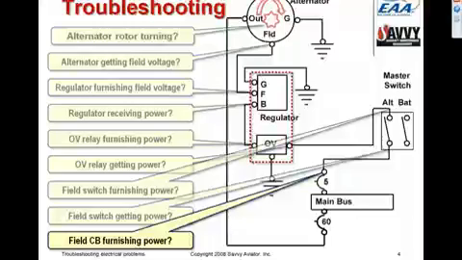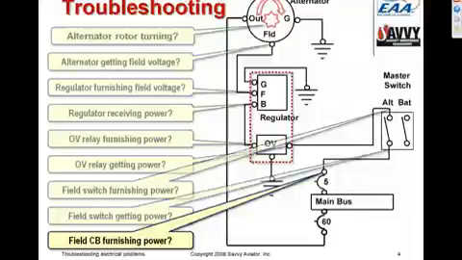And as I said, maybe not more often than not, but at least a lot of the time, the problem turns out not to be the alternator or the regulator, but simply a broken wire or a bad connector someplace. If the problem is intermittent, we frequently find problems with the alternator field switch itself.